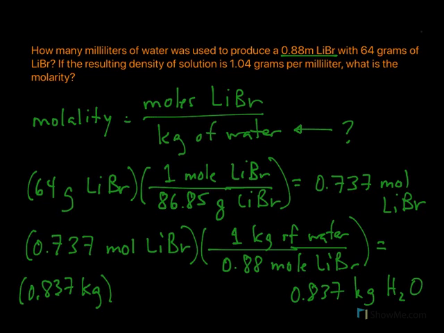Since 1 gram of water is equal to 1 milliliter of water, that's the same thing as saying 1 kilogram of water is equivalent to 1,000 milliliters of water.